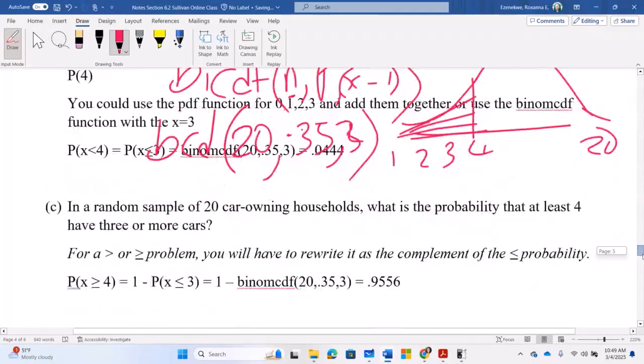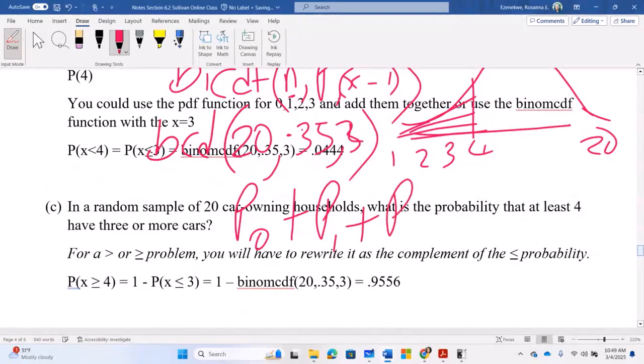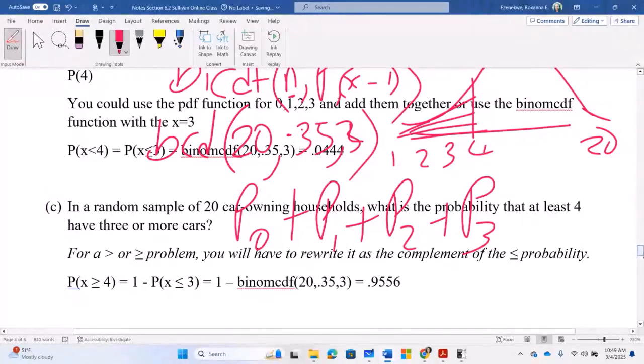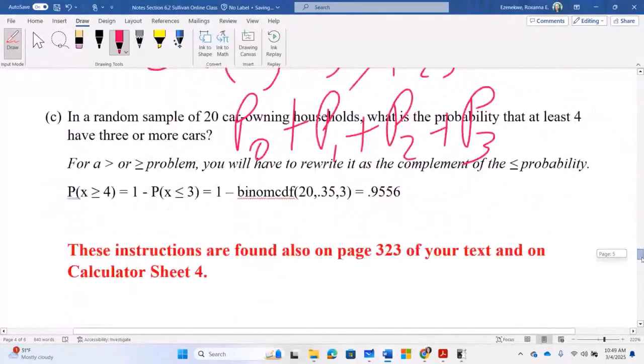And by the way, what does this mean? It means P0 plus P1 plus P2 plus P3. P4 is not included. Let me make sure we understand what this means.